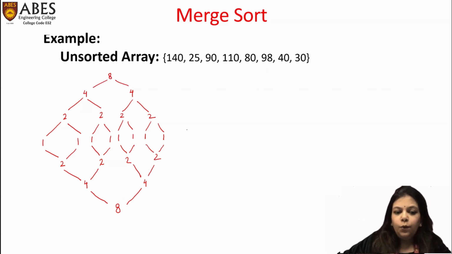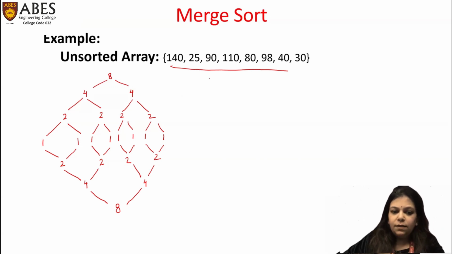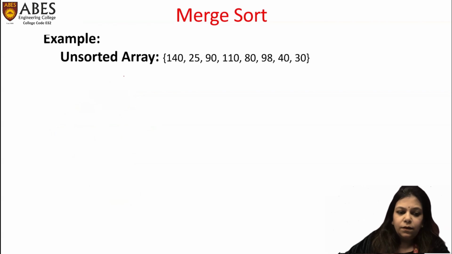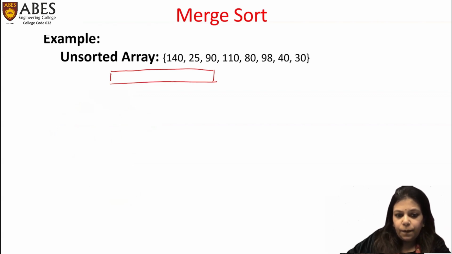So let us now try to understand how the above mentioned elements will be sorted with the help of merge sort. So for this, these elements first will be divided into two halves, right? Suppose we have this array having elements 140, 25, 90, 110, 80, 98, 40, and 30.